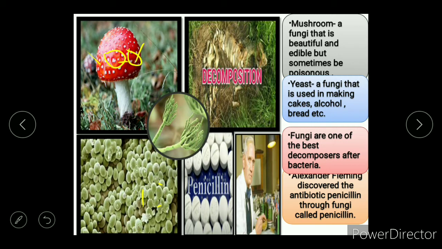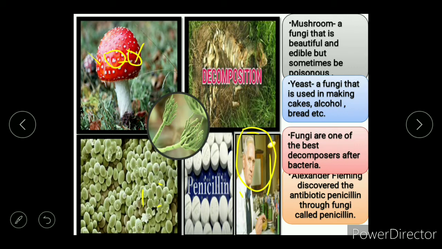The second last topic is how fungi help in making antibiotics. In the year 1929, a scientist called Alexander Fleming, whom we can see in this picture, made an antibiotic, which we are going to study in our next video very thoroughly.